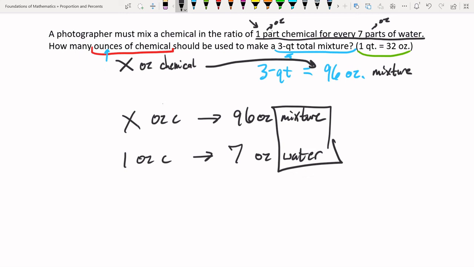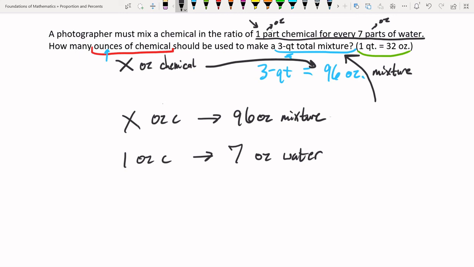We need to have some number of ounces of mixture, not of water, because that's what was given for the first. This is all given to be mixture, so we have to have mixture there. Mixture is just a mixture of chemical and water.